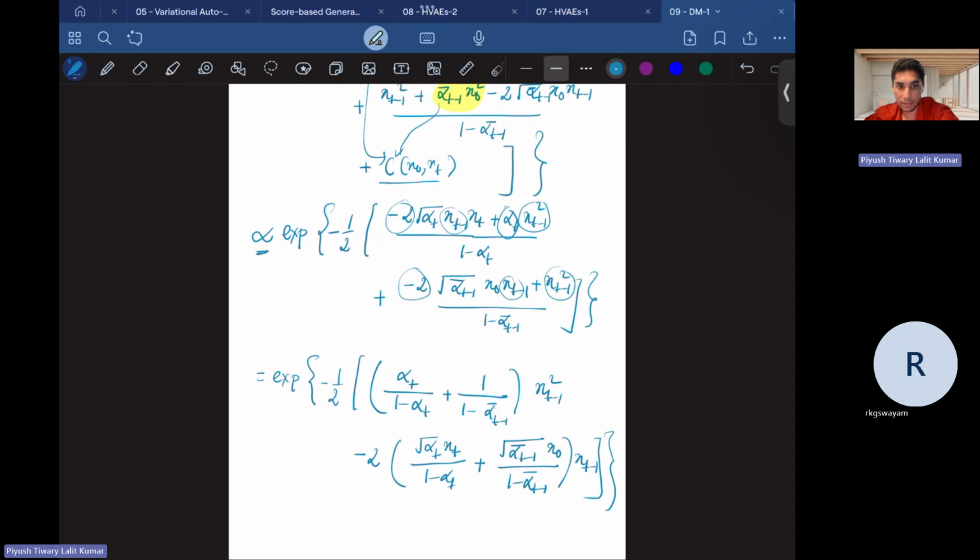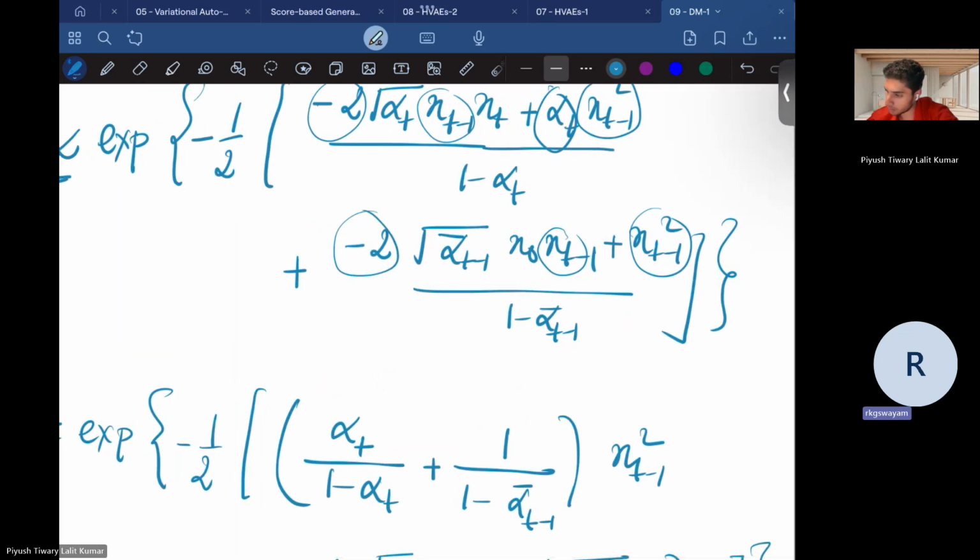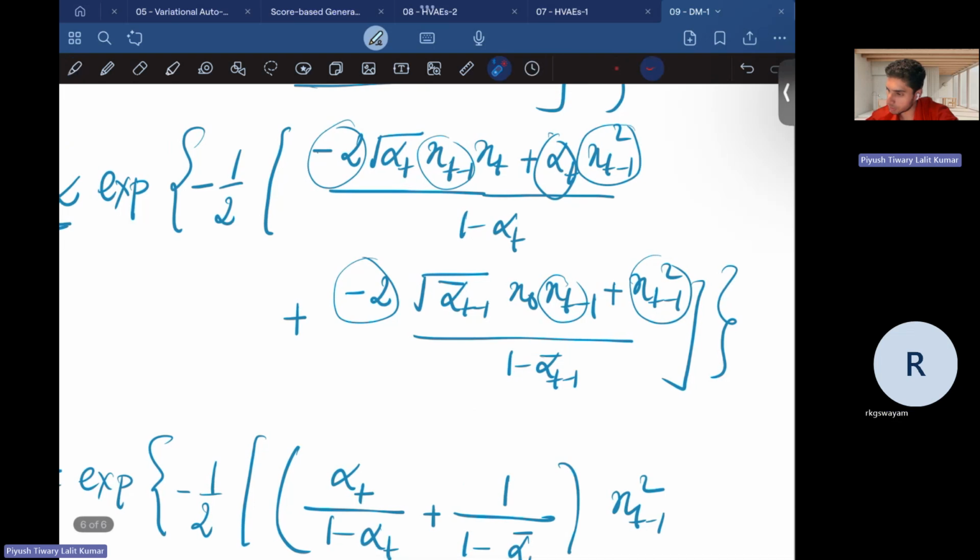Is this fine? How could you bring this x_{t-1} squared outside?